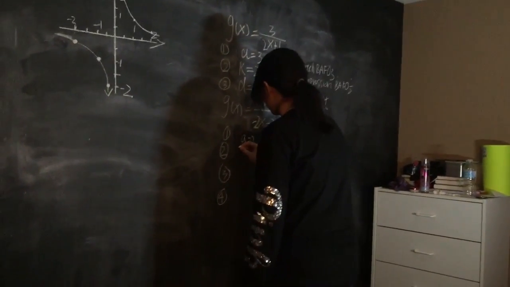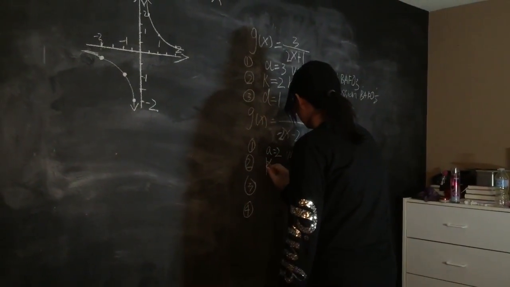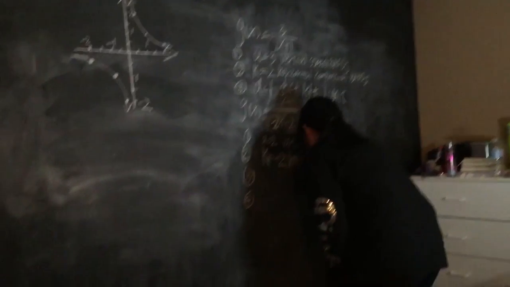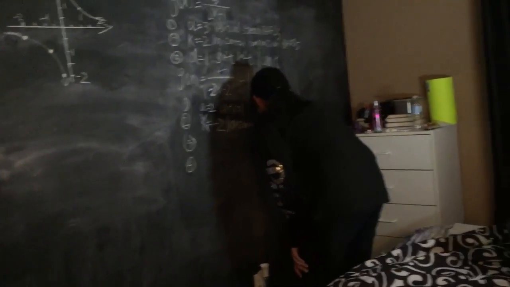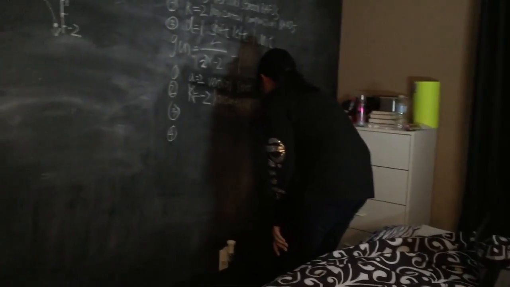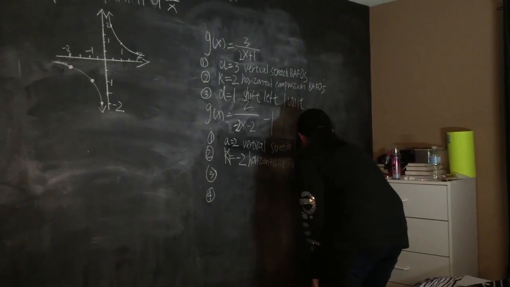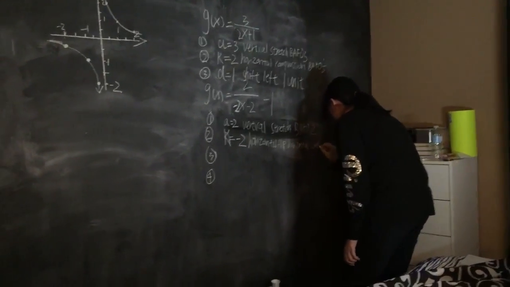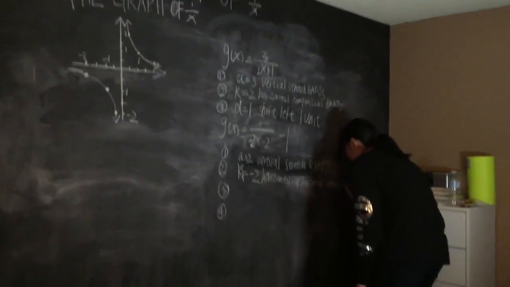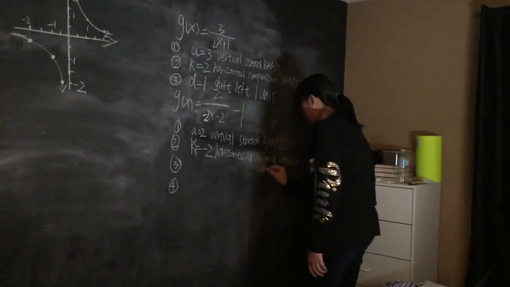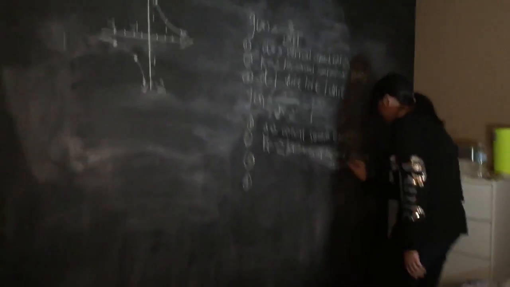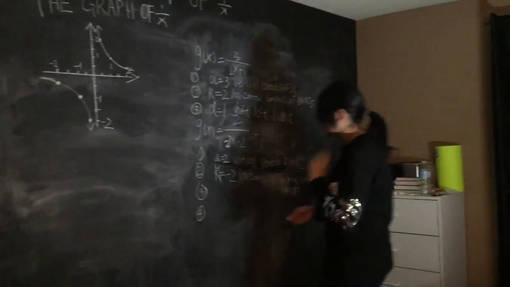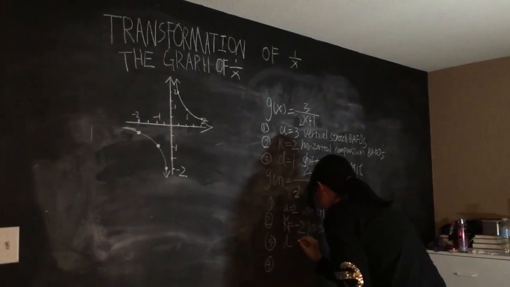And the next one is K equals negative 2, the horizontal flip and horizontal compression by a factor of 1/2. D equals negative 2, the shift right 2 units.